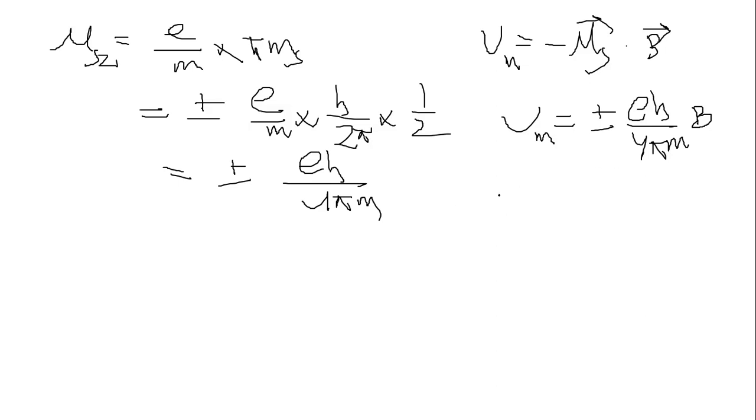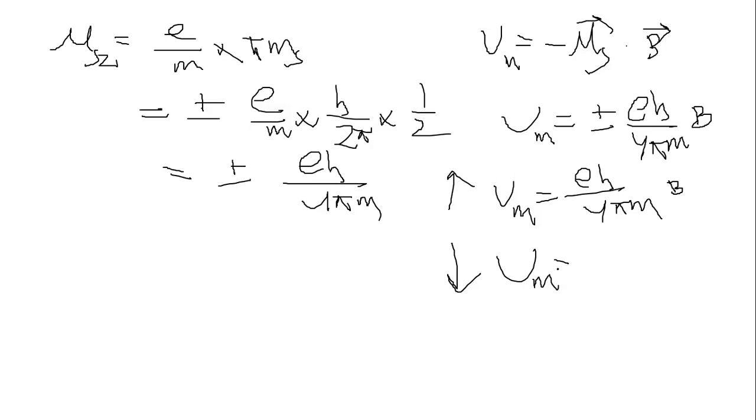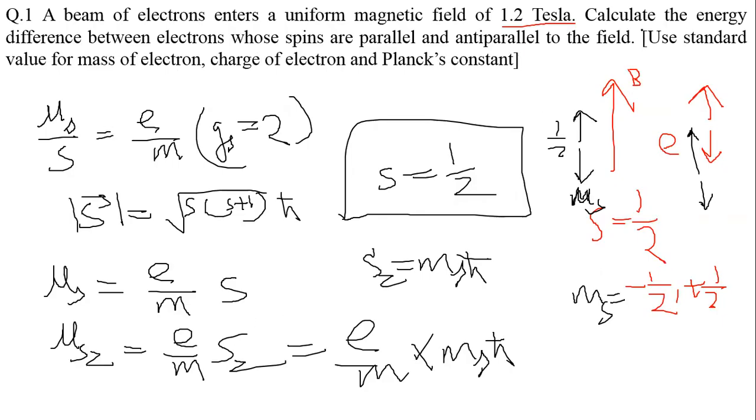So for parallel, if the spin is along the direction of magnetic field, then the energy will be Eh by 4 pi m into B, and similarly for antiparallel the value will be minus Eh by 4 pi m into B. Here in this question it is given to calculate the energy difference.